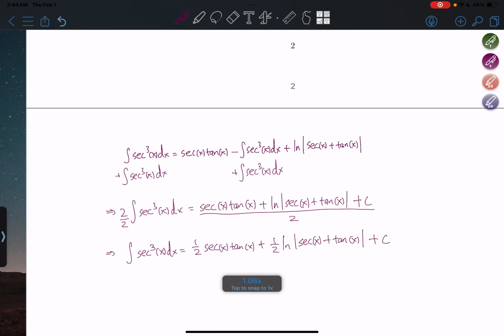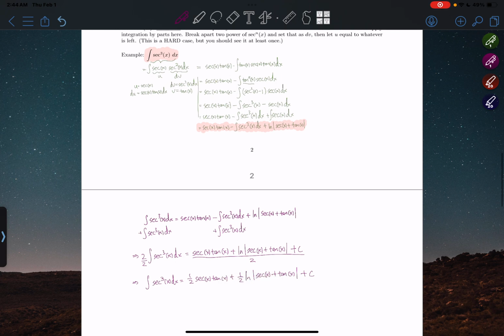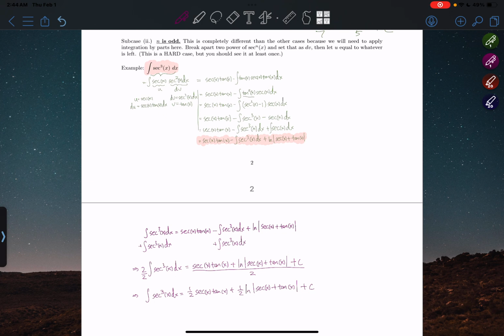Needless to say, given the amount of work involved, this is definitely a harder case. It's something you should be able to do, at least in a group setting with infinite time. This is not something I'm going to quiz you on or examine you on in almost any sense of the word. But this is something you should be aware of, that it is a possibility.